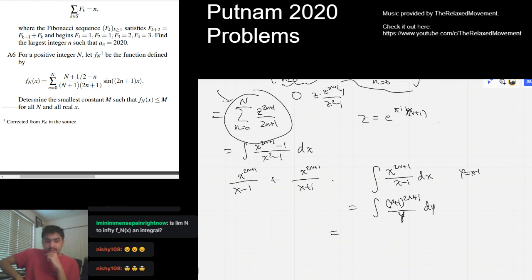Okay. It literally suffices to show that the sum has no imaginary part.